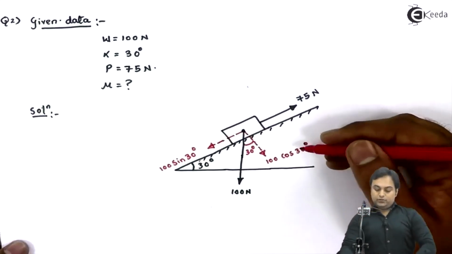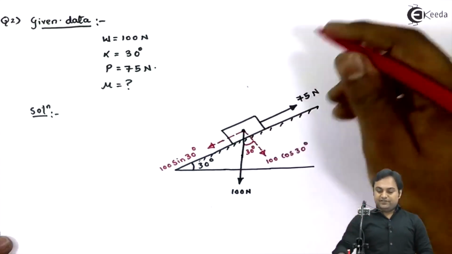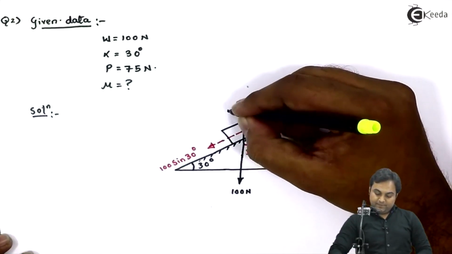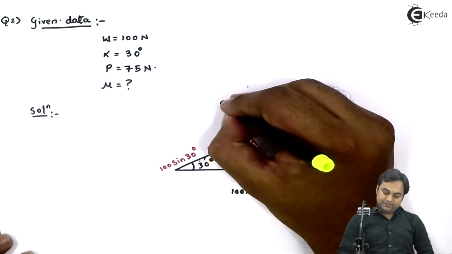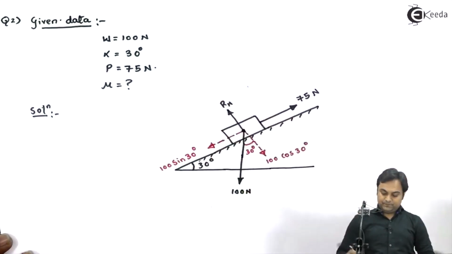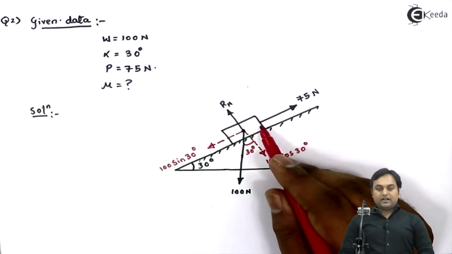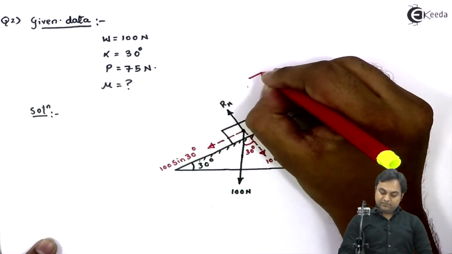As we know, because of 100 cos 30, the block is pressed against the surface and the surface would be offering a perpendicular reaction called as normal reaction in the upward direction. Then as we see 75 Newton will try to move the block up the plane, it means motion is in the upward direction.